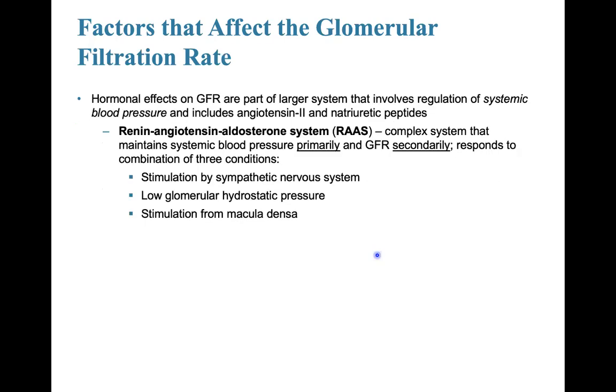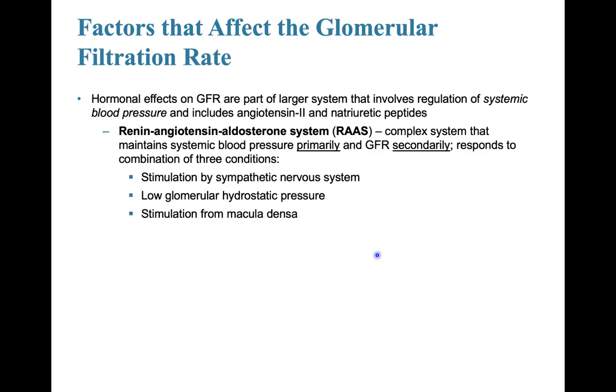Now, the hormonal effects on GFR are part of a larger system that involves regulation of systemic blood pressure. And this includes the angiotensin II and natriuretic peptides. We talked about these with the cardiovascular system. We have the RAAS, which is the renin, angiotensin, aldosterone system.